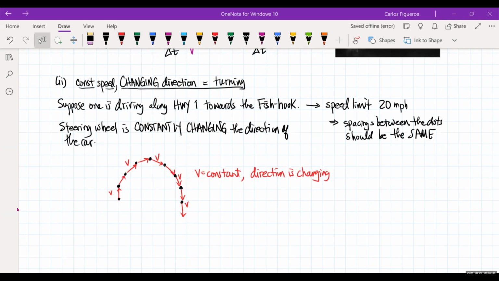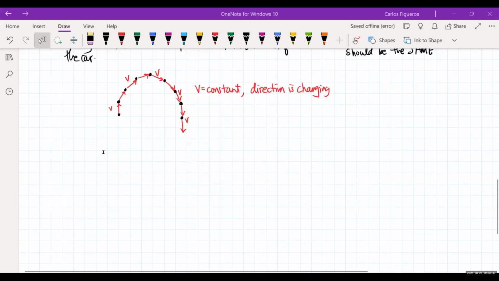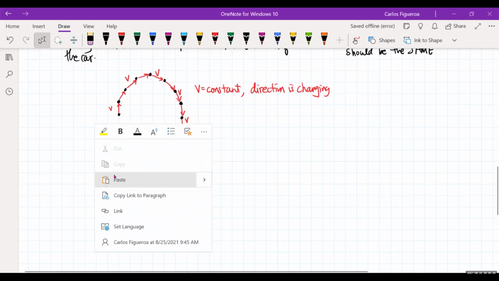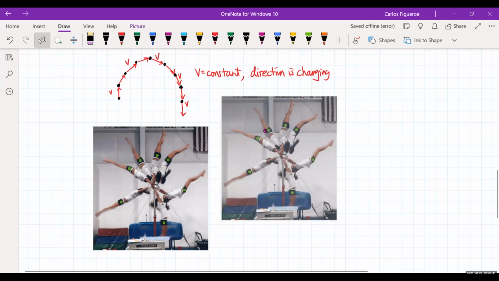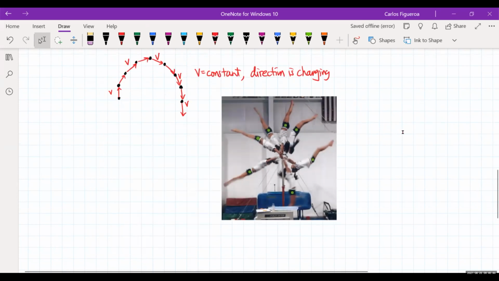So here's a picture of a woman on a parallel bar. What I did ahead of time is put a green dot on her waist. And what you can see is that as she is swinging down, look at the spacings.